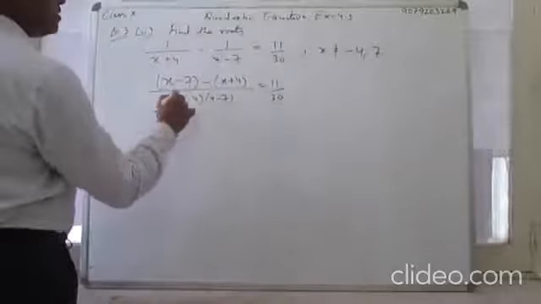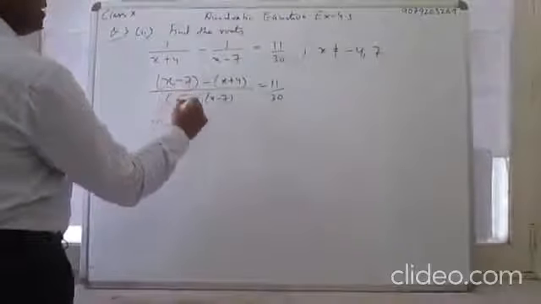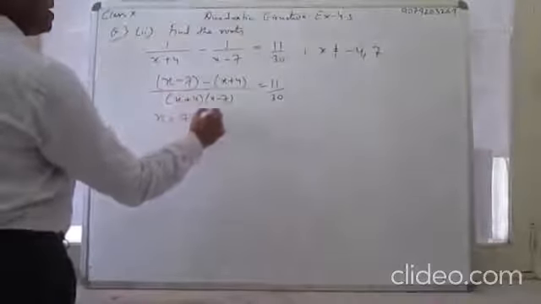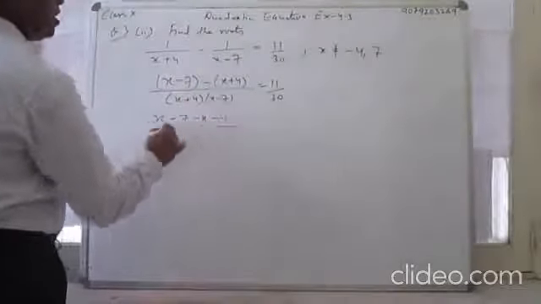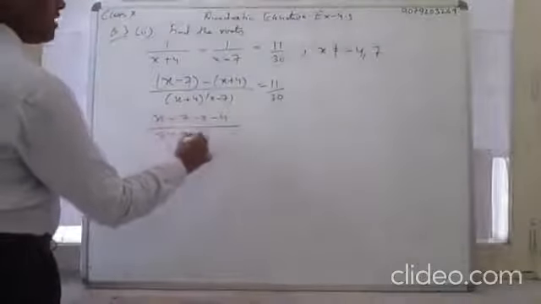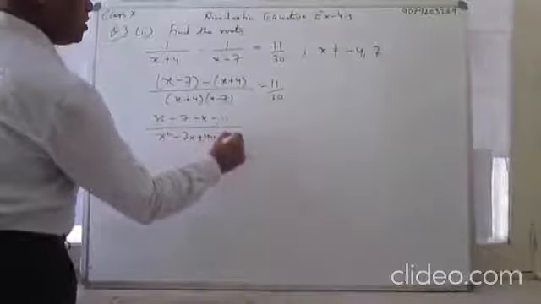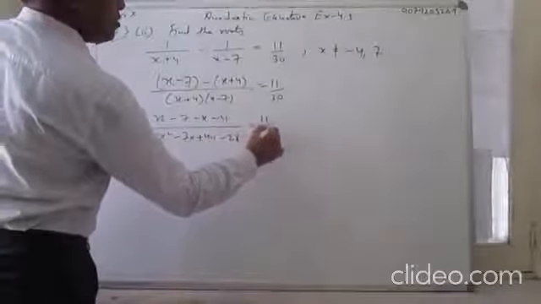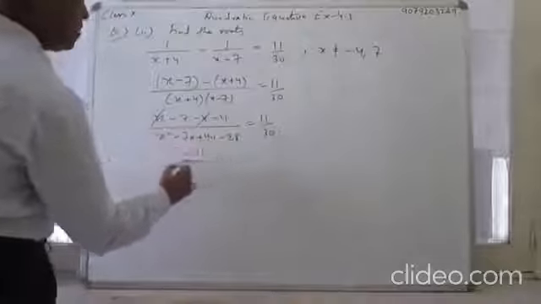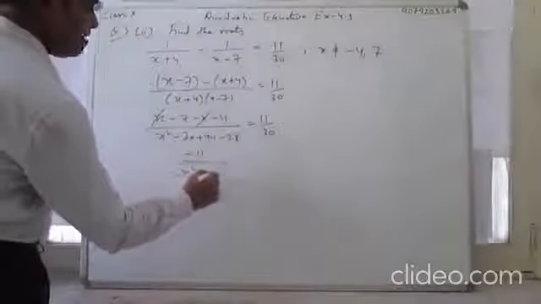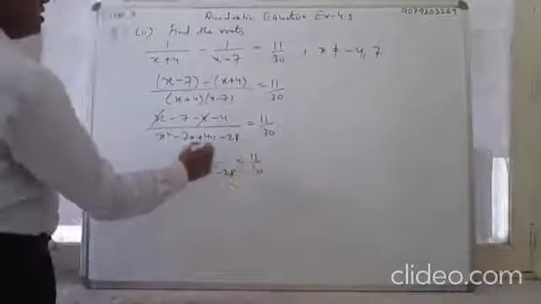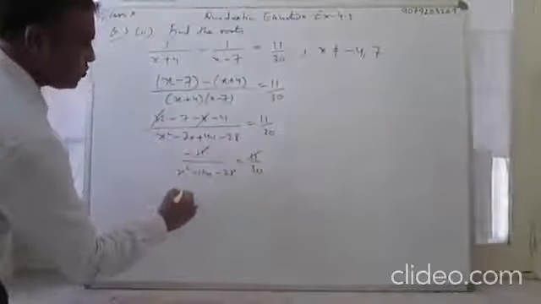Multiplying out, x square minus 7x plus 4x minus 28 is equal to 11 upon 30. This x cancels out. Minus 11 upon x square minus 3x minus 28 is equal to 11 upon 30. This 11 cancels out. So what is remaining?